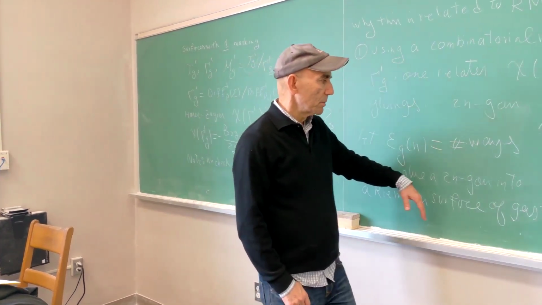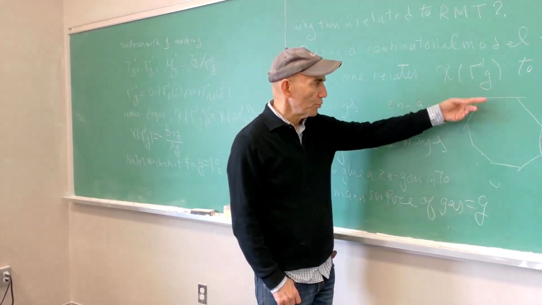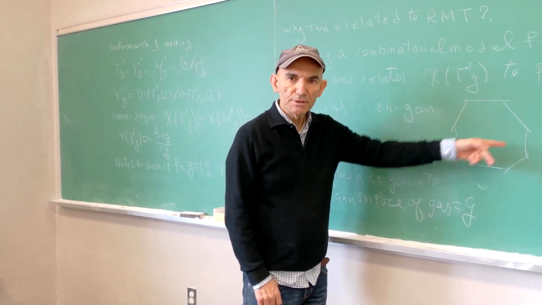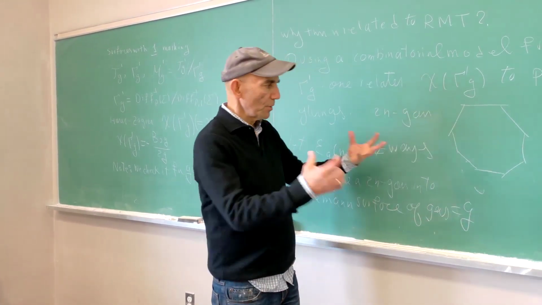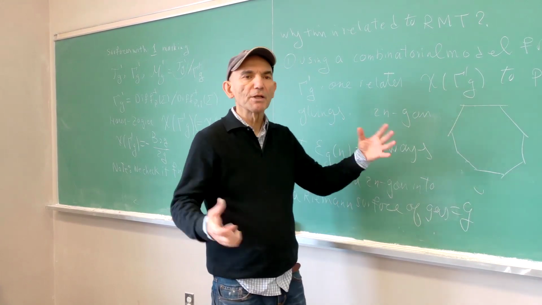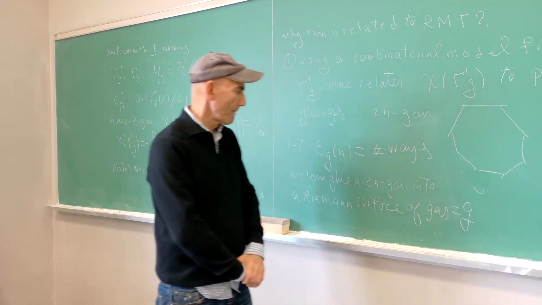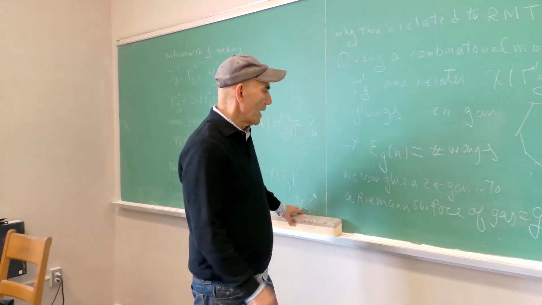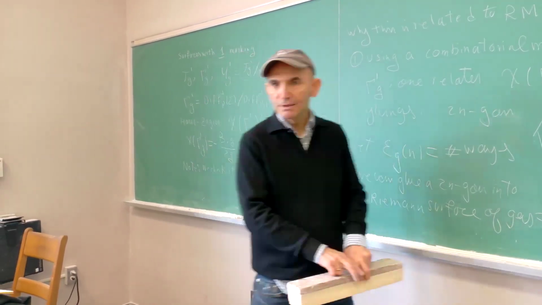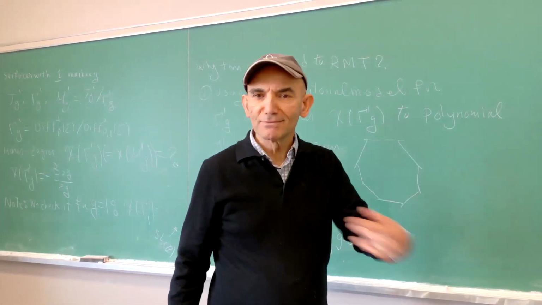So these epsilon g n are important numbers. If you have a labeled 2n-gon and you glue the edges 2 by 2, you always get a Riemann surface of some genus, but the question is in how many ways you get genus g for each g. And this was related to random matrix theory because it was related to the question of computing tracial moments, you remember?